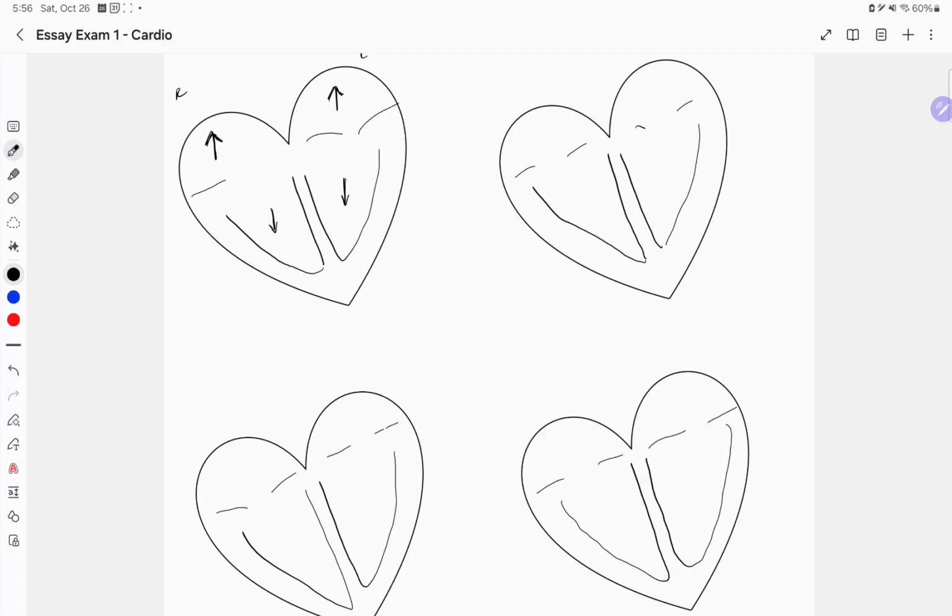And these valves, right, tricuspid, bicuspid, are going to be closed as the pressure builds up top in the atriums. Then pressure is going to be high enough to open these valves, which is going to let blood start pouring in here and fill up the ventricles, okay?